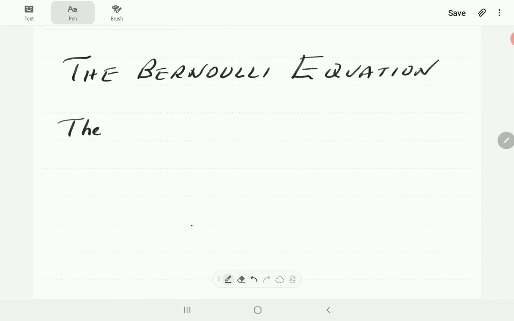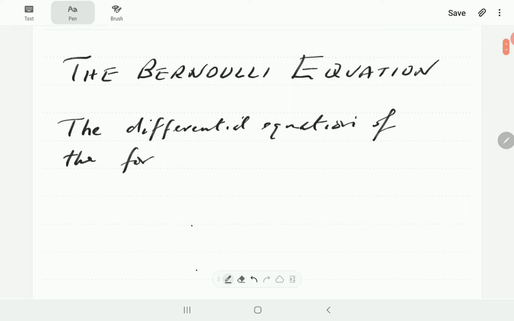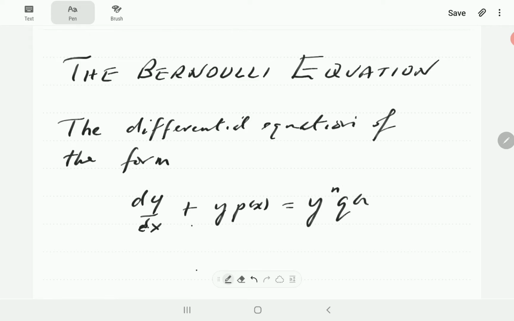Okay, so the differential equation of the form dy/dx plus y p of x equal to y to the power n q of x.